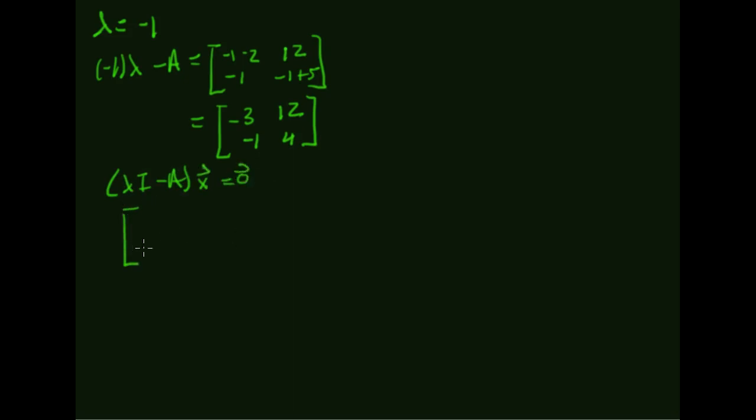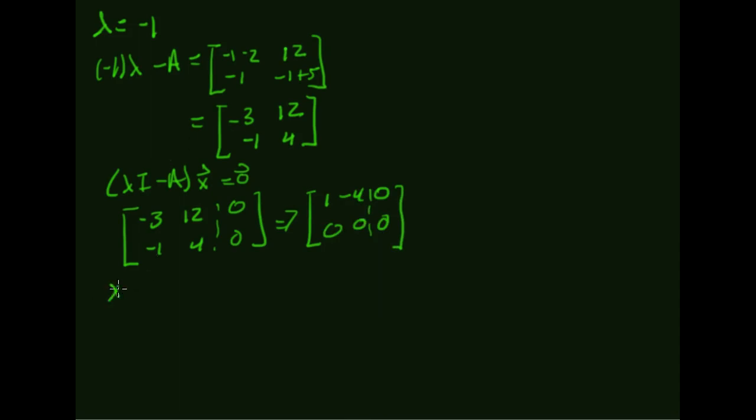So this is a system of equations, so I can make an augmented matrix, put zeros in, use Gauss-Jordan, and it comes back with 1, -4, 0, 0, 0, 0, which is an infinite set of vectors, as I expect. Let x sub 2 be t.